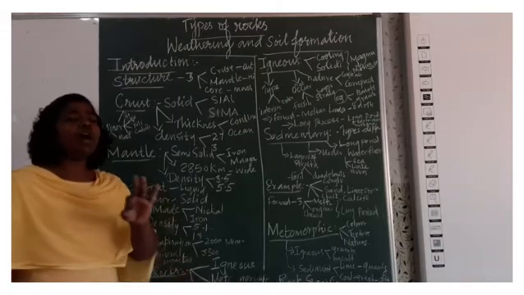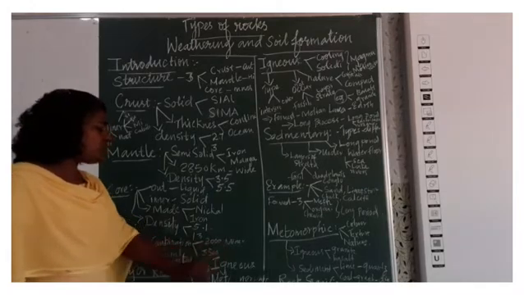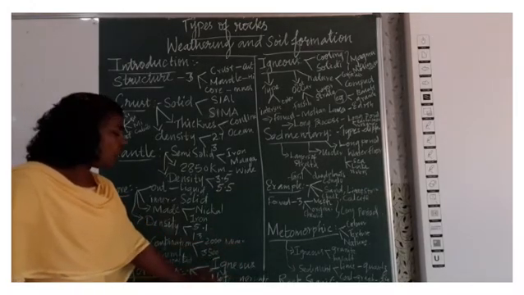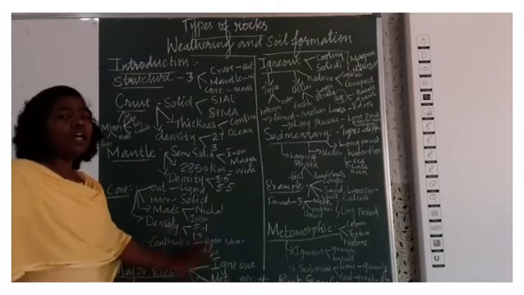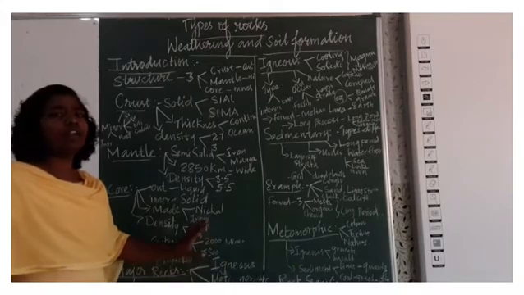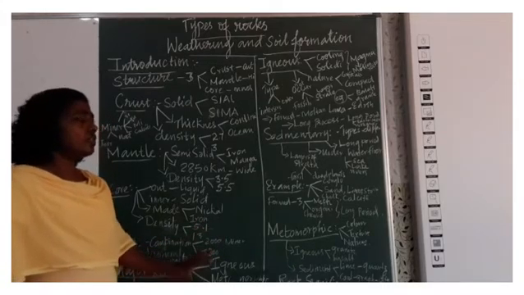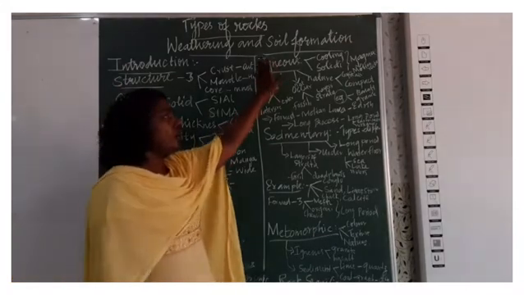When we see the rocks, there are three important types: the first one is igneous rock, the second one is metamorphic rock, and the third one is sedimentary rock. Now we learn how these rocks are formed and what the importance of these rocks is. The first type is igneous rock.